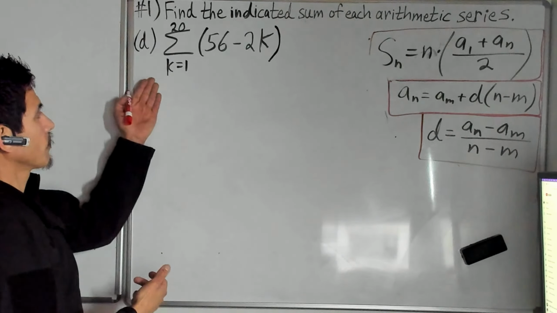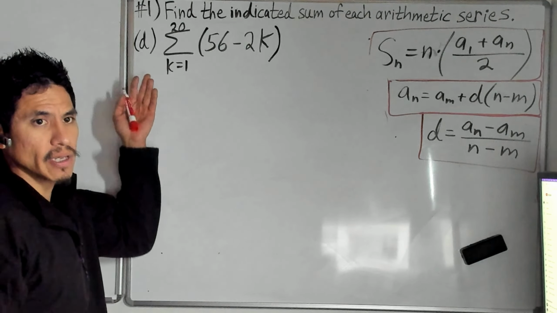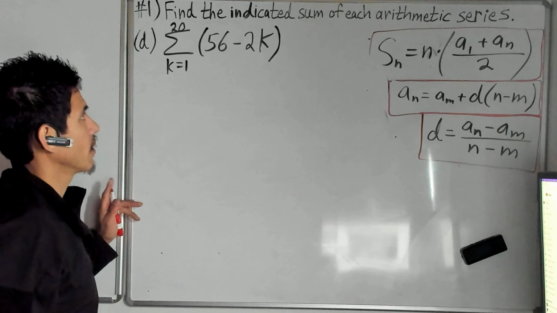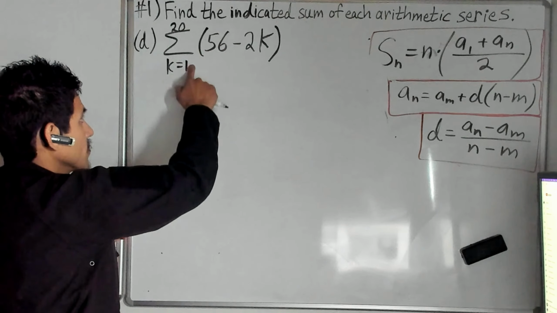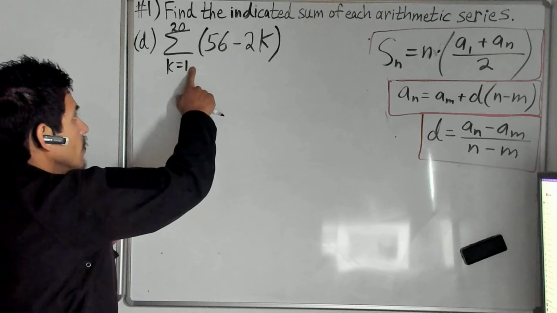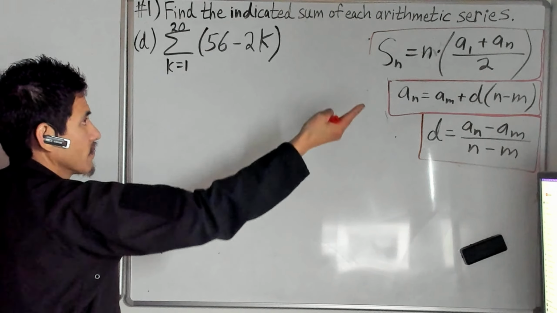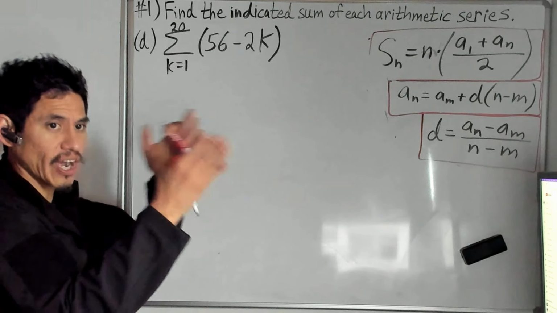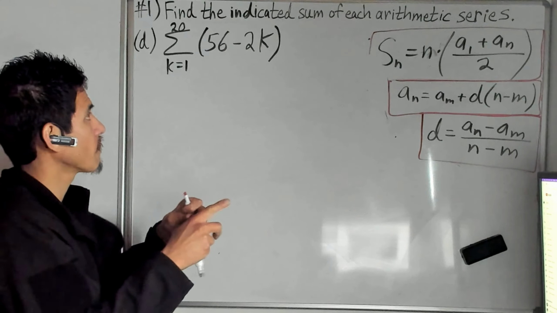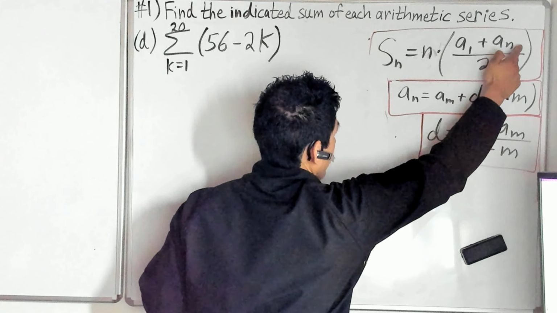Okay, so when we have this type of notation, it's just knowing how to read it. Meaning that we want to find the sum of the first 20 terms. So the sum of A1 all the way to A20. A1 plus A2 plus A3 plus A4 plus A5 all the way to A20. Want to find all that. Now, instead of just finding all 20 and adding them all up, we can just find the first and the 20th.